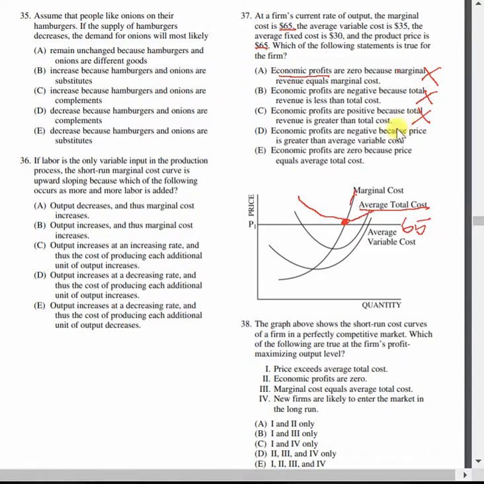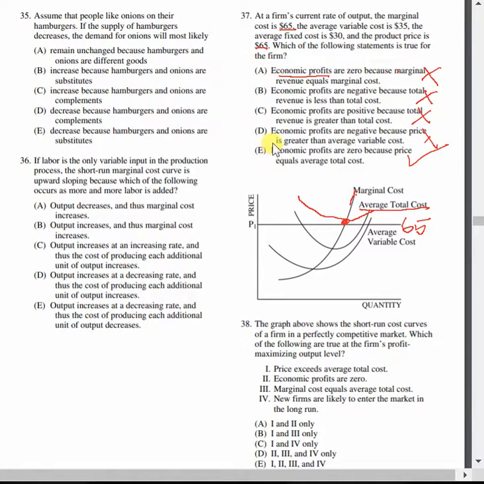D, economic profits are negative because price is greater than the average variable cost, and even though that's true that the price is greater than the average variable cost, you have to take fixed costs into consideration when you're doing economic profits. So again, that is incorrect. So finally, E, economic profits are zero because price equals the average total cost, and that is exactly right. So the answer here is E.